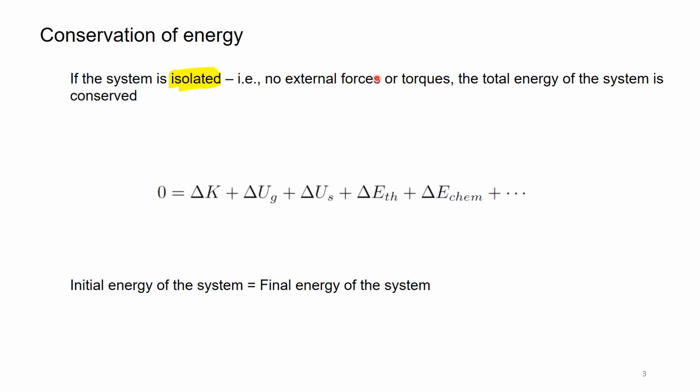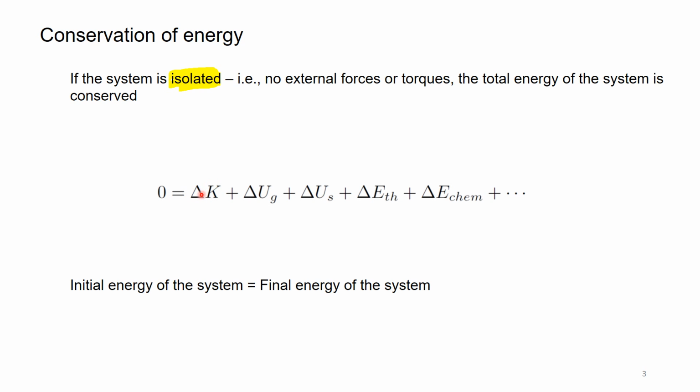If you have an isolated system and there are no external forces or torques acting on it, so there is no external work done on the objects in the system, then the total energy of the system is conserved. You write it like this: you factor in the change in all types of energies: kinetic, gravitational potential, spring, thermal, chemical, and all the other ones you know of. The changes in all these energies added together must equal 0.